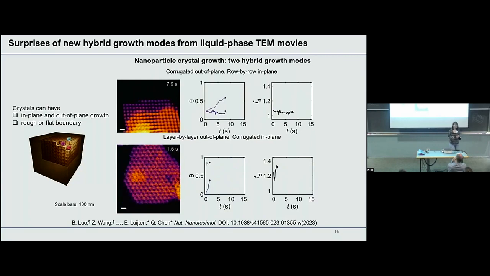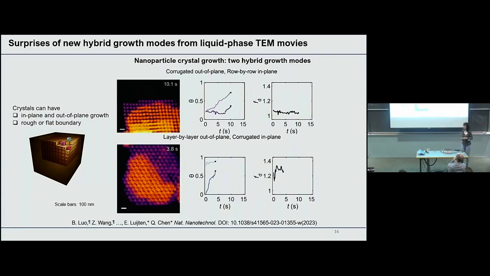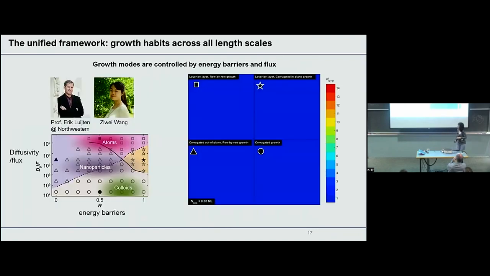Those 2 mixed growth modes hadn't caught a lot of attention before our study, and that's how we were motivated to talk with our collaborator, Eric Lawton, and his former student Ziwei, to understand what really determines the 4 growth modes. They were able to do a lot of kinetic Monte Carlo simulations over a large parameter space.